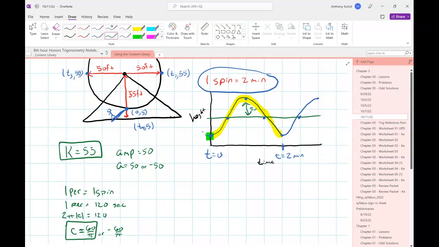All right. Then we need to decide whether we want to do a sine or cosine function. Cosine, why? Yeah, we're starting at the minimum, right? That's good. I like that plan. That's what Mr. Kulik would want to do.